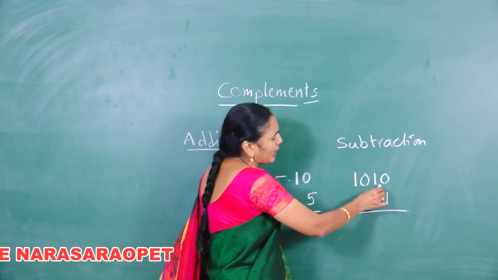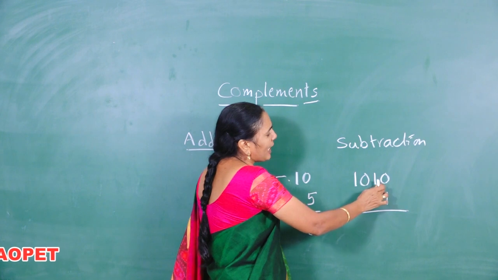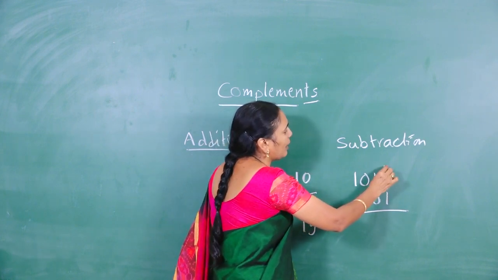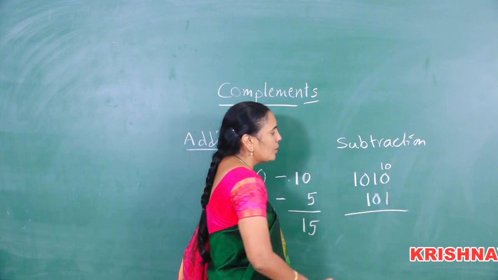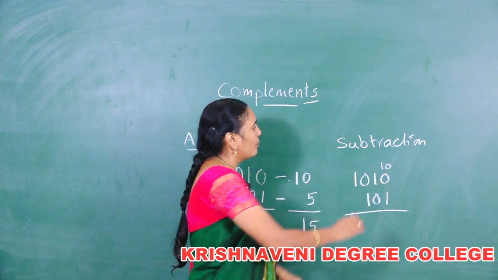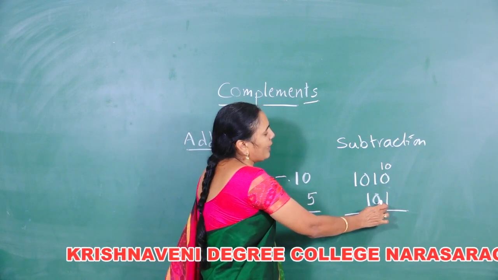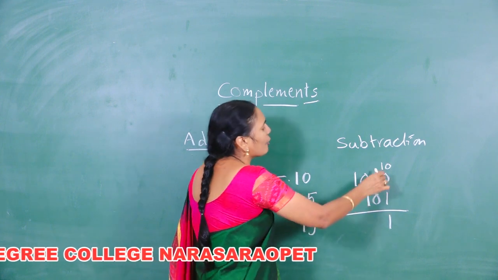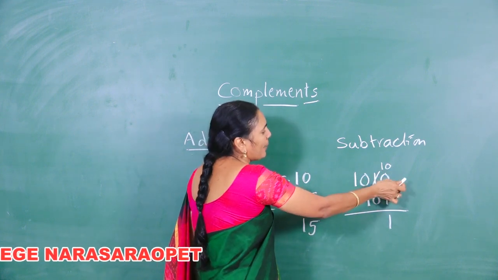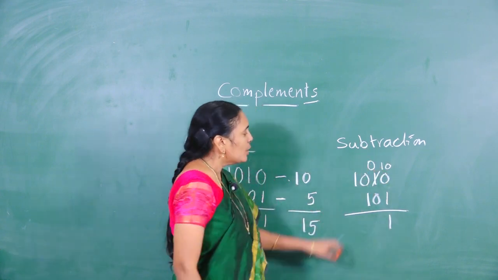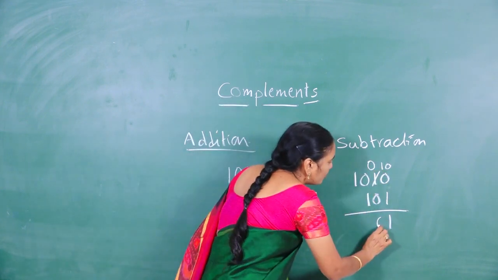Likewise, from 1 we borrow 1 digit to 0, which becomes 10. So, we have borrowed 1 and the place will be 0. 10 minus 1 will be 1. Here, as we have given a digit to the previous digit, the value here will be 0. 0 minus 0 will be 0.